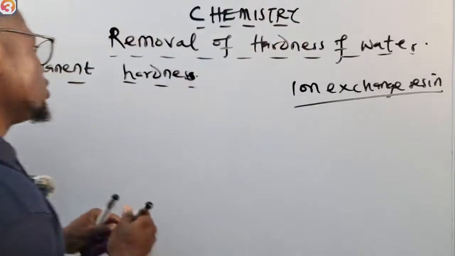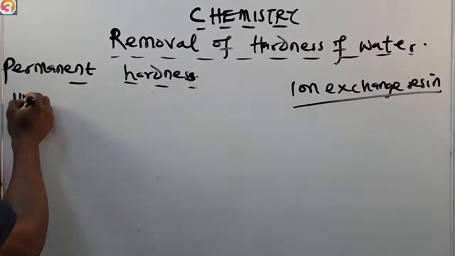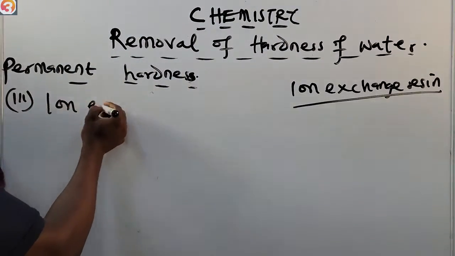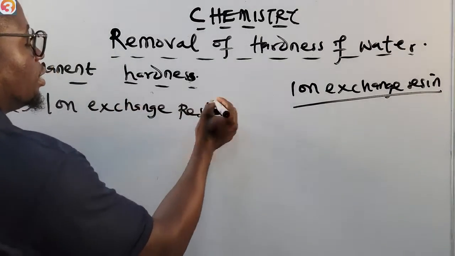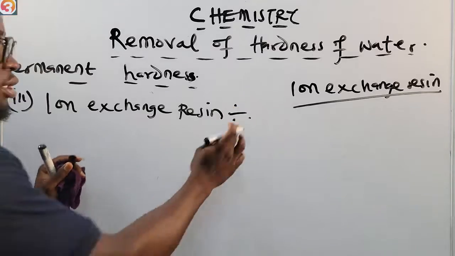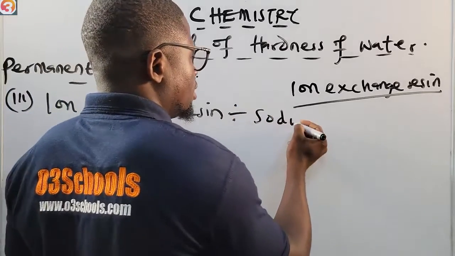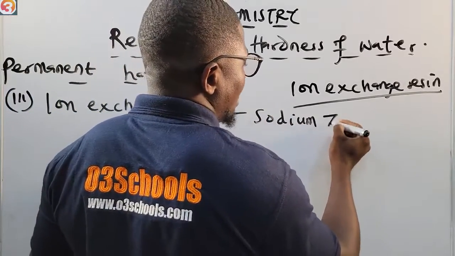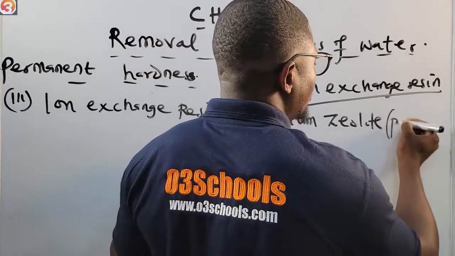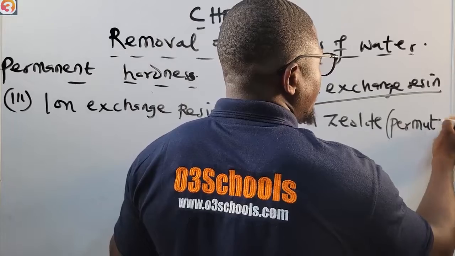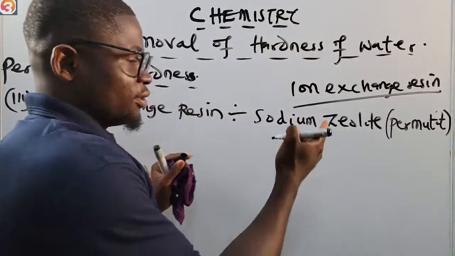Okay, that is number 3, ion exchange resin. In this case, sodium zeolite, please take note of that, is also called permutit.